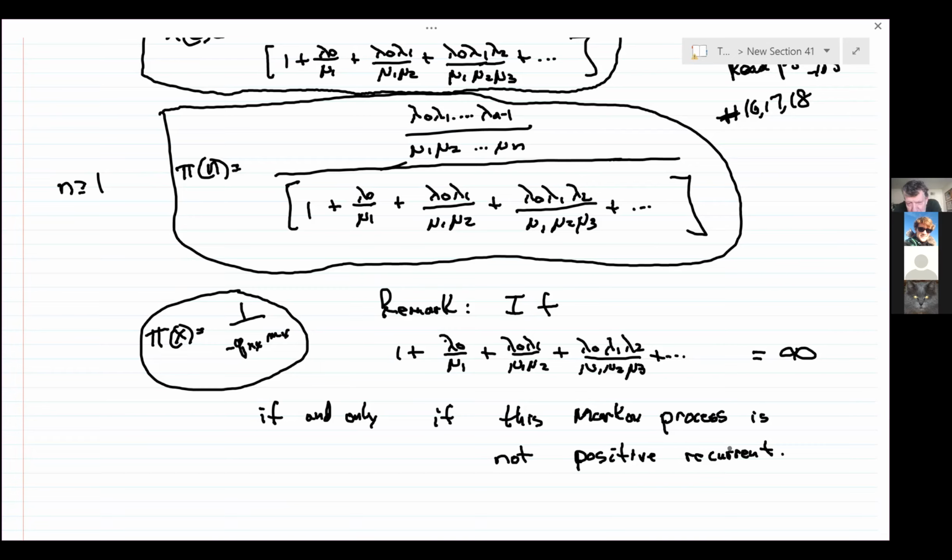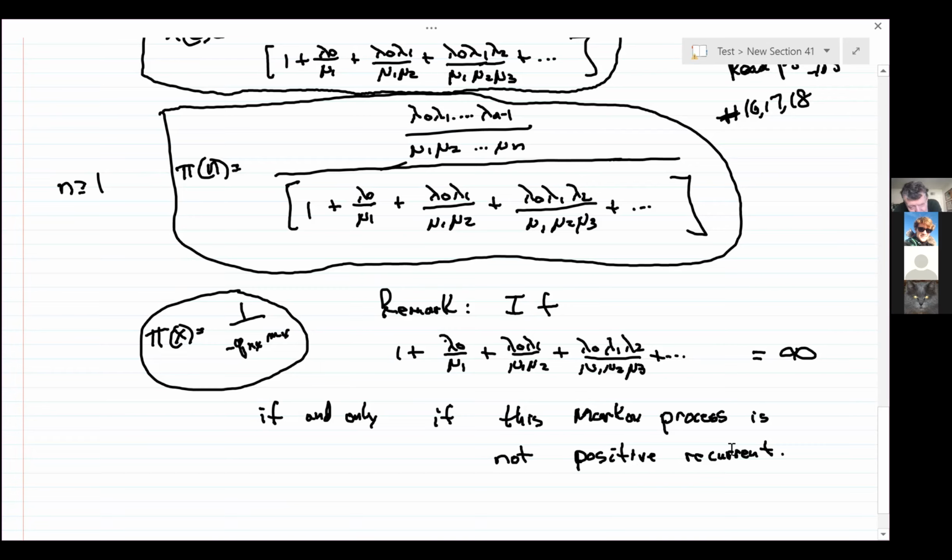Any questions on what this remark is saying? So you can tell if it's not positive recurrent, then what's left? Then it's either null recurrent or transient.